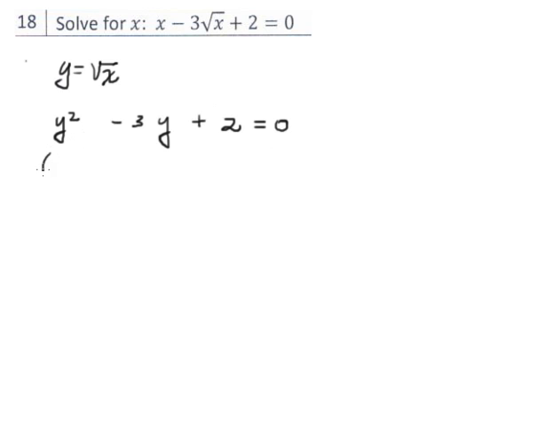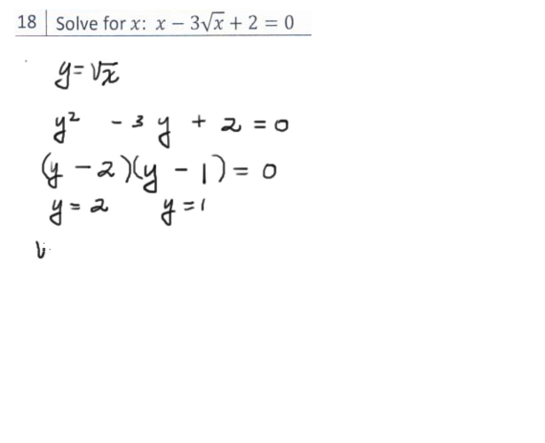And then we'll solve this. We'll try factoring, and in fact, this does factor into y minus 2, y minus 1 equal to 0. Okay, check the middle term. We have a minus 2y and a minus y that's equal to minus 3y. Okay, so we have two solutions of this quadratic, y equal 2 and y equal 1.